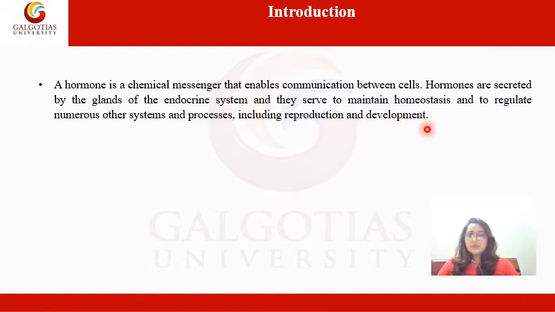So this is what hormones do. Not just reproduction and development of the body, all the other processes of the body are regulated by the hormones. Now to brief us about the mechanism of hormonal action, I have included a short video and we will be discussing the mechanism of hormone action in more detail through that video.